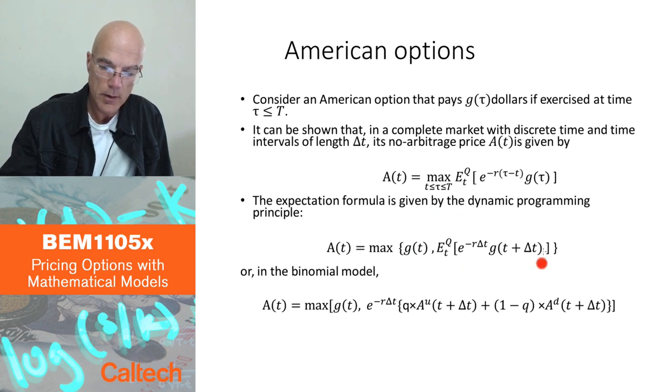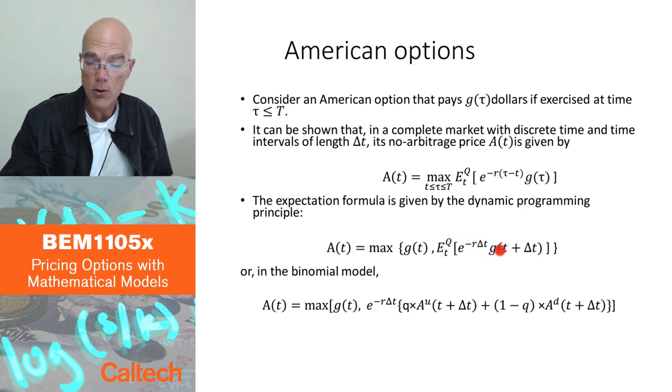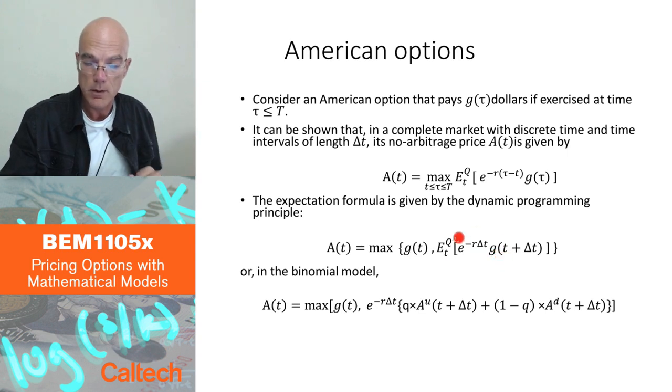One thing, and let me look at this first because this is familiar. This is like the European price, right? So this is like if I decide to wait, and then it would be like a European option, and this would be the value, just the expectation of e to the minus r delta t g of t plus delta t. So the value of waiting one more period is here.